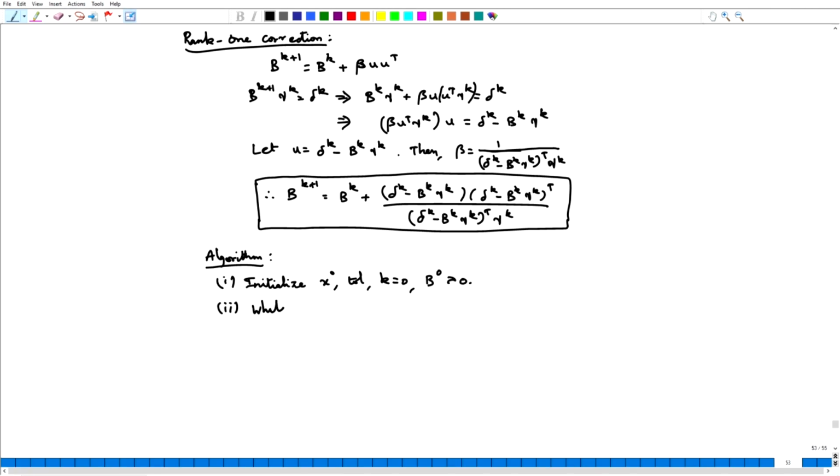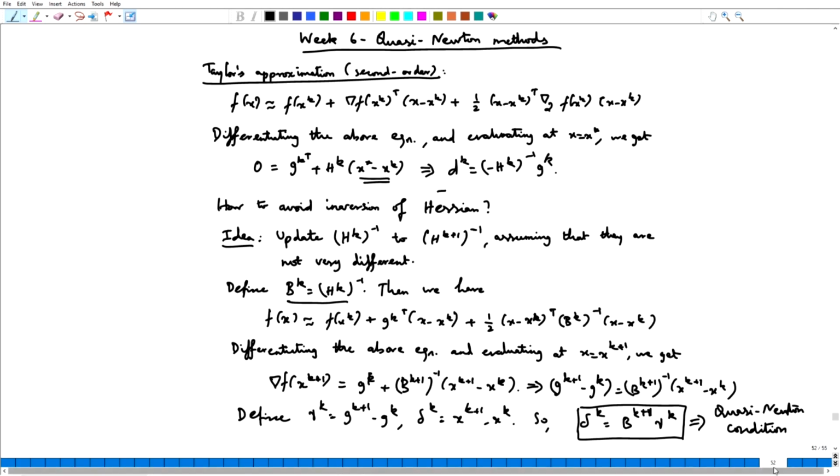Now, while norm g k is greater than the tolerance, we first write d k. It should have been minus H k inverse g k, according to Newton's method.